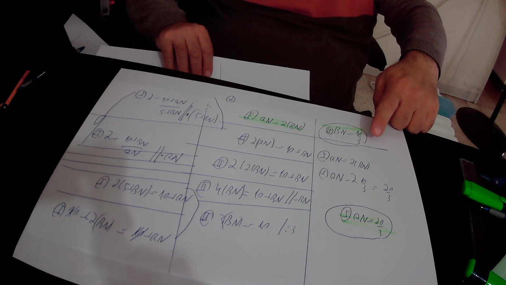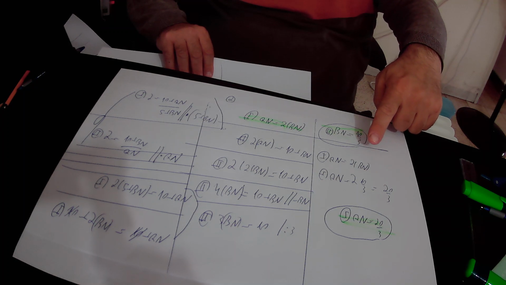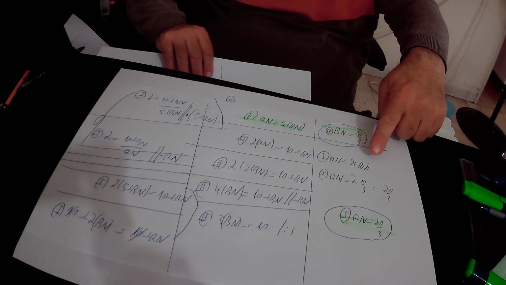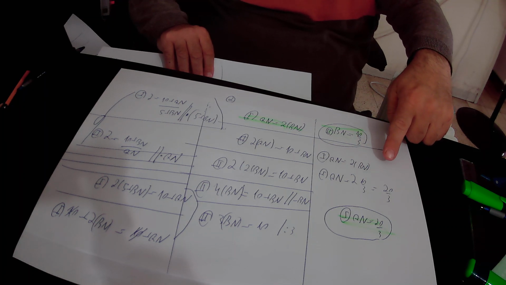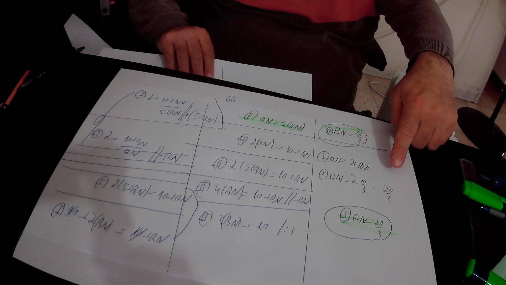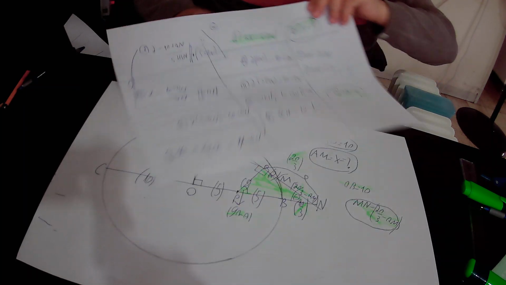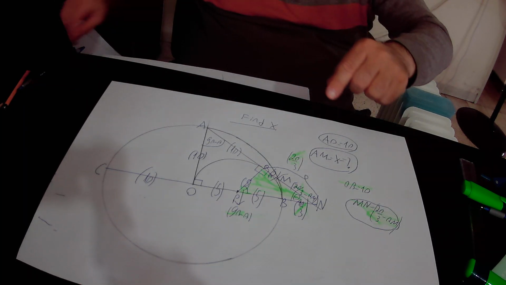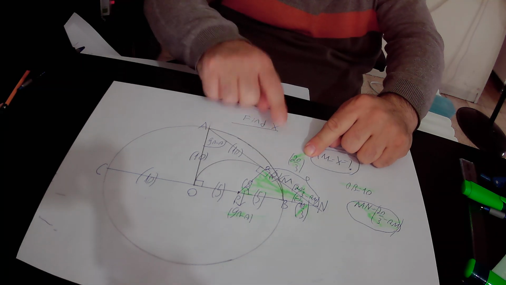BN is 10 over 3, so QN equals 2 times 10 over 3, which is 20 over 3. So in conclusion, QN equals 20 over 3 units in length.